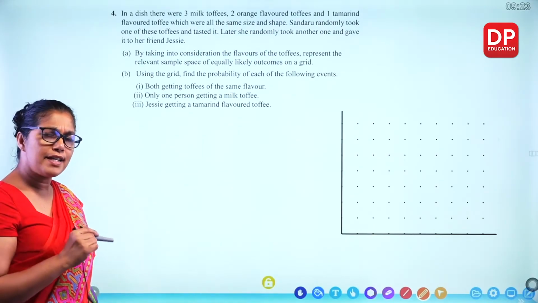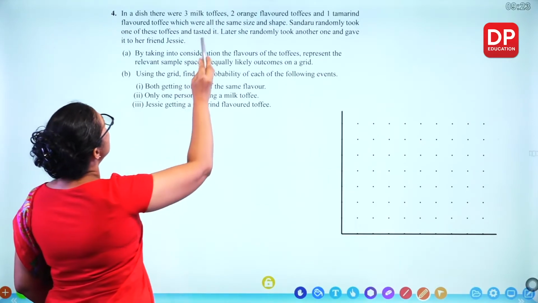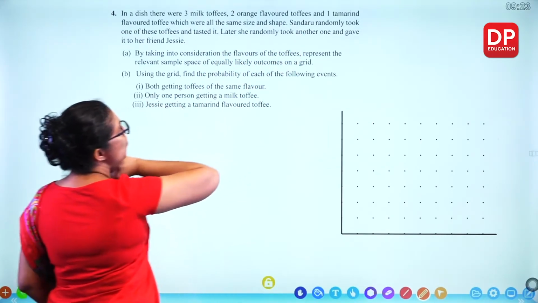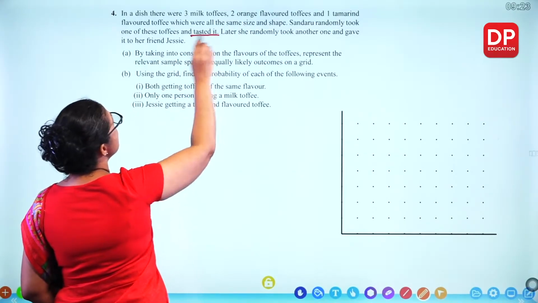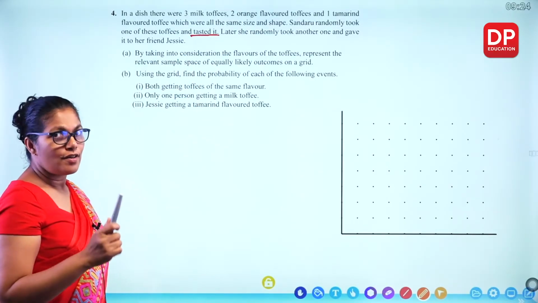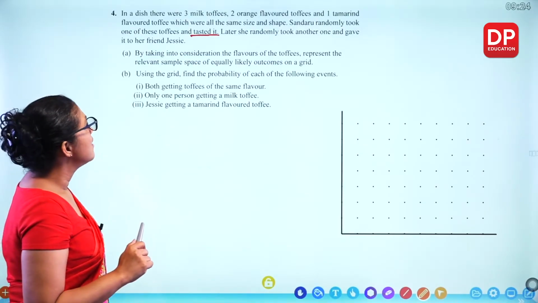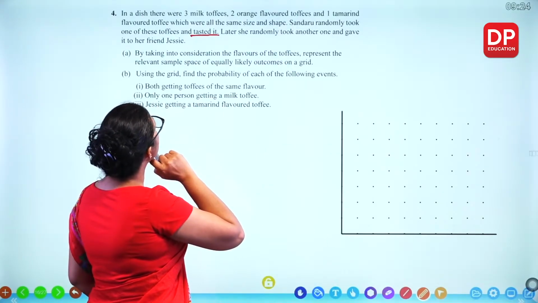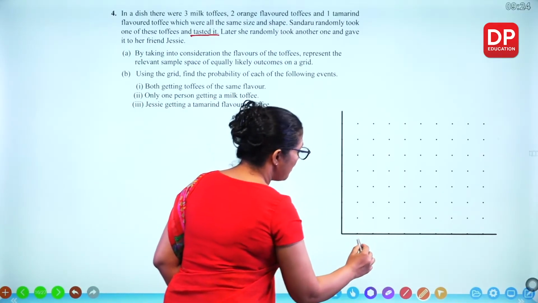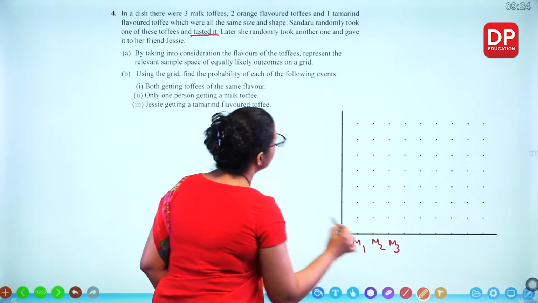Is it independent or dependent? So here she takes one and tasted it. So not keeping back. So this is dependent case. So remember that. So what are the flavors? 3 milk toffees. I'll put M1, M2, M3.